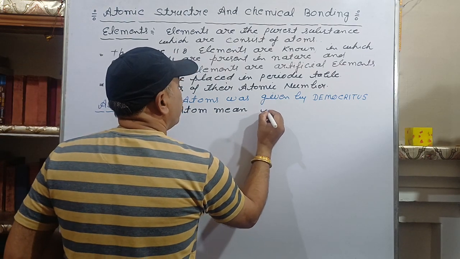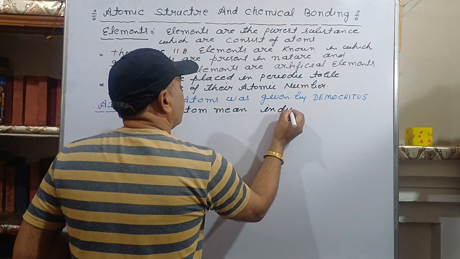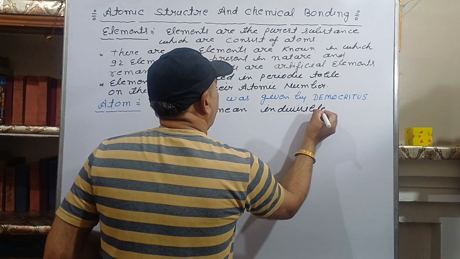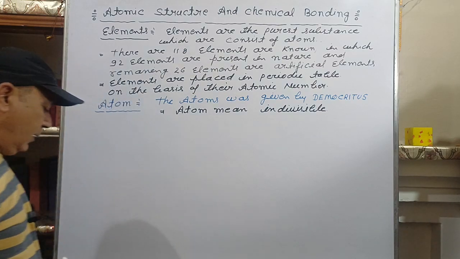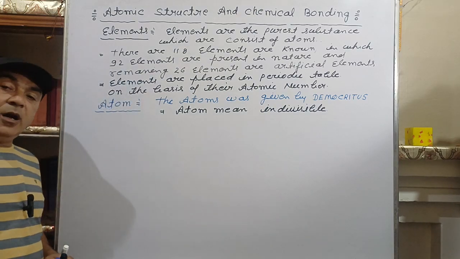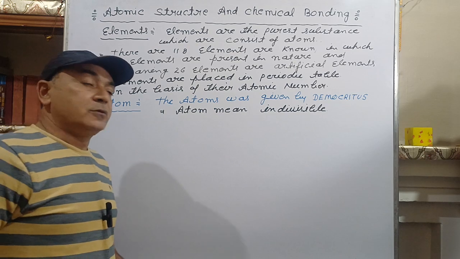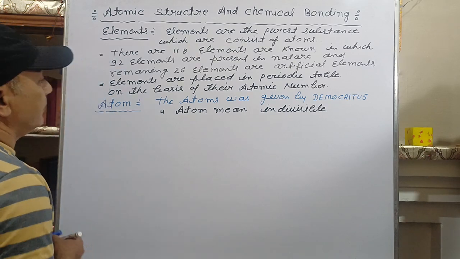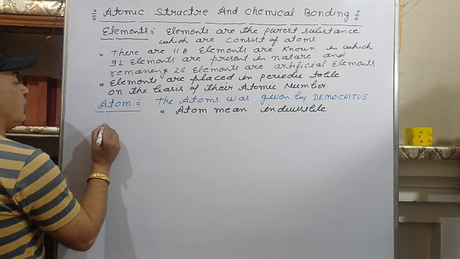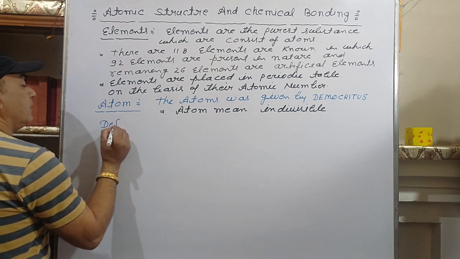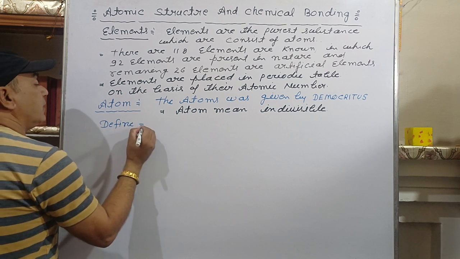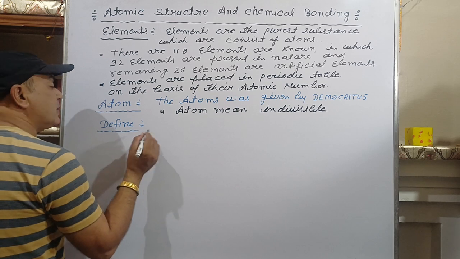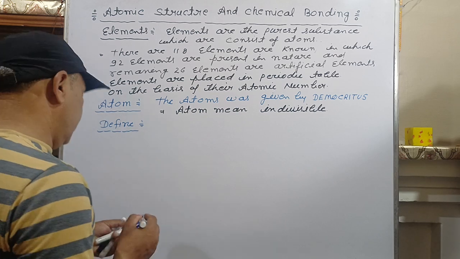Atom means indivisible. Now, the question is how we can define atoms. The simple definition of atom is given on the basis of element. We know that elements consist of atoms.